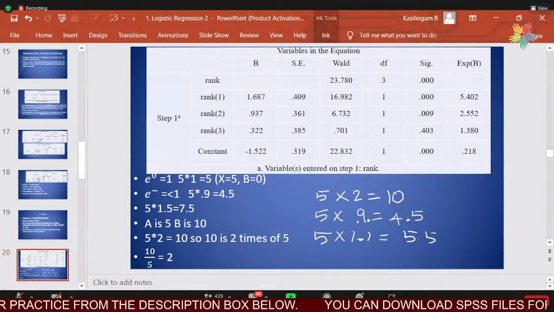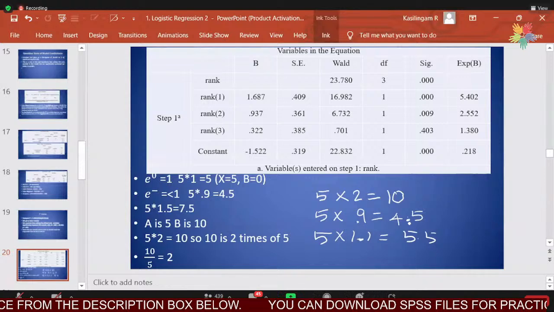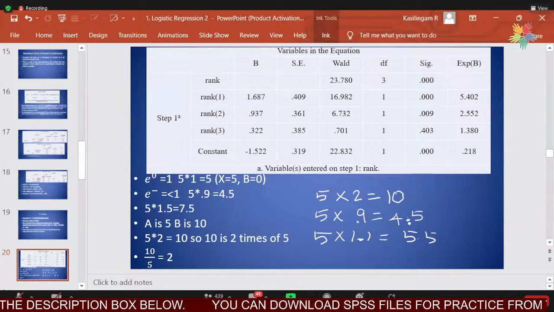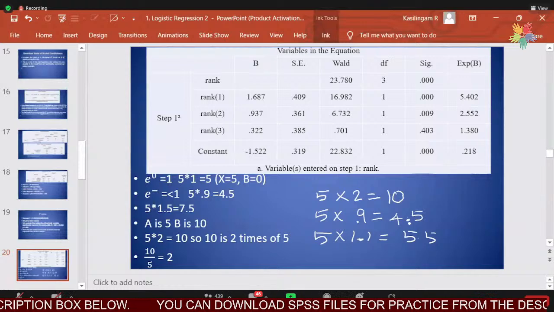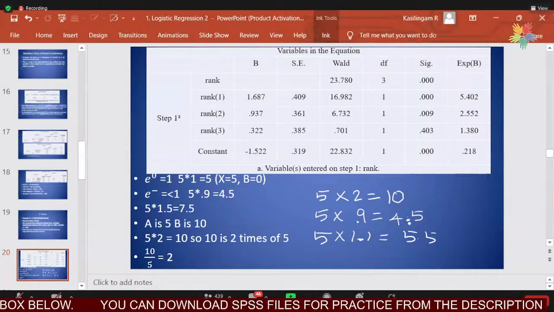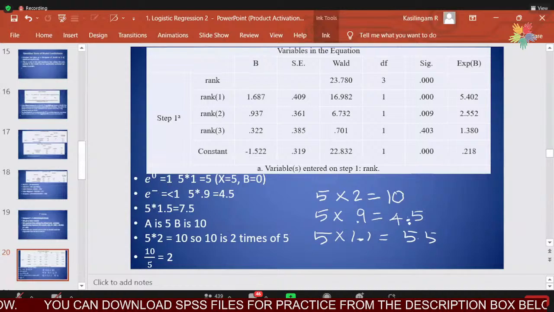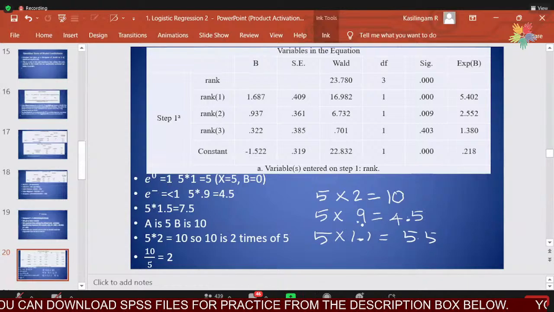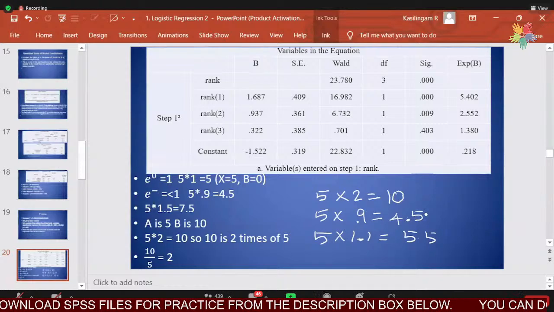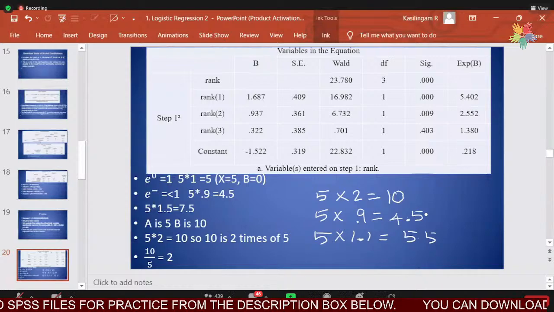So when my beta is negative, this will be in point, so my value should come down. When will my value come down? Only when I multiply, this value will come down. Am I right? Yes, sir.